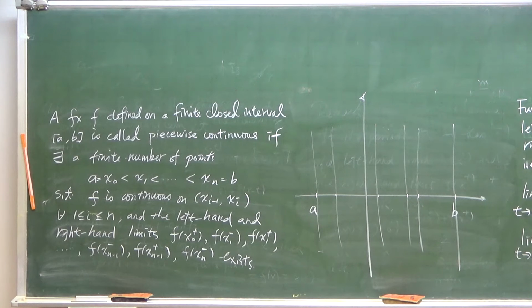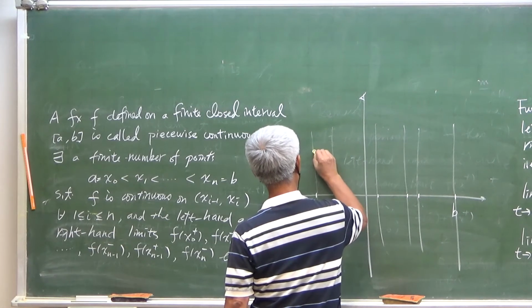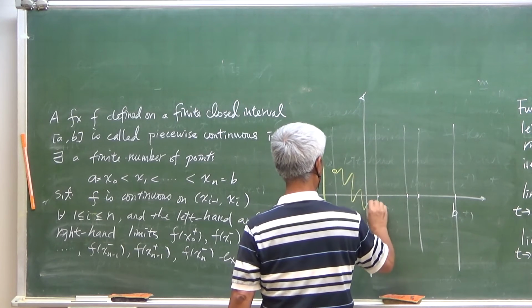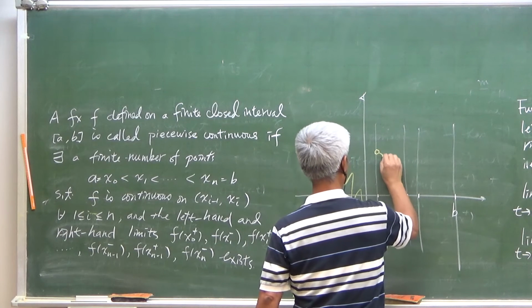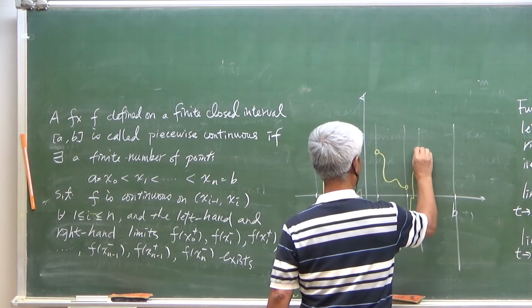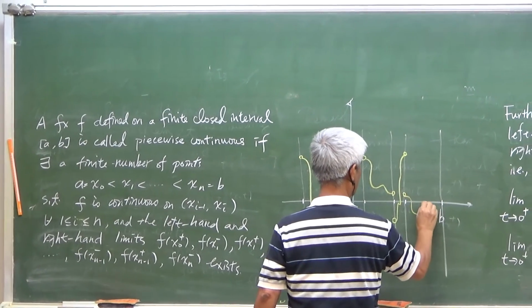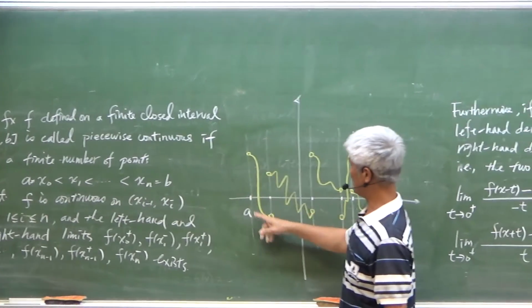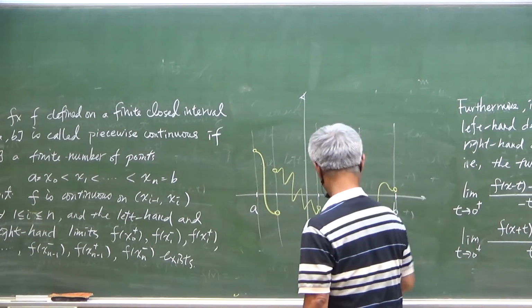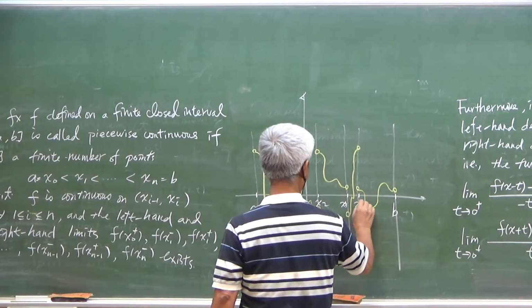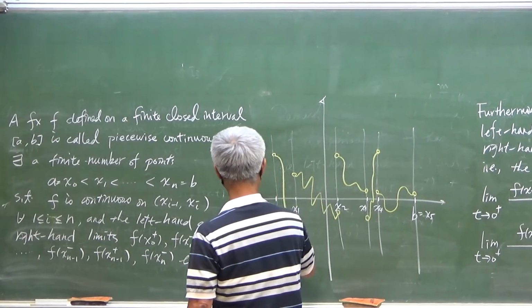So that's piecewise, because we can find points. Here we have x1, x2, x4, x5, x0.